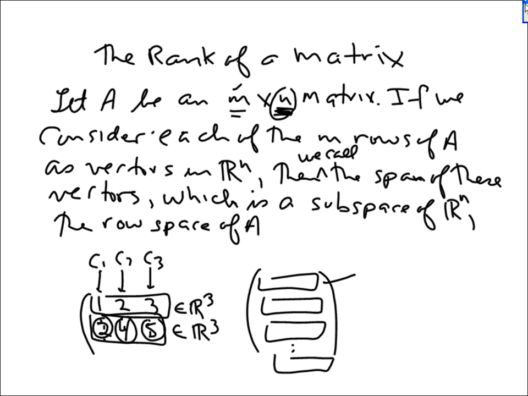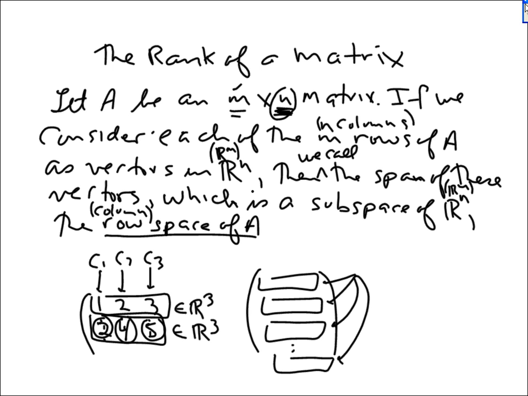The span of those vectors is called the row space of A. If we consider the n columns of A as vectors in R^m, then we call the span of these vectors, which is a subspace of R^m, the column space of A. So here I defined the row space of A and the column space of A.